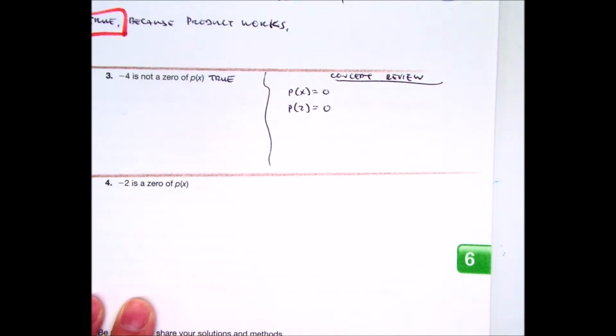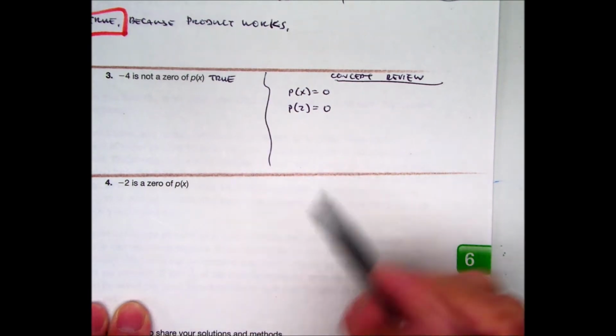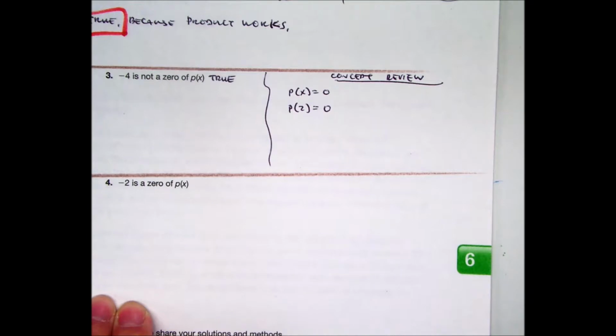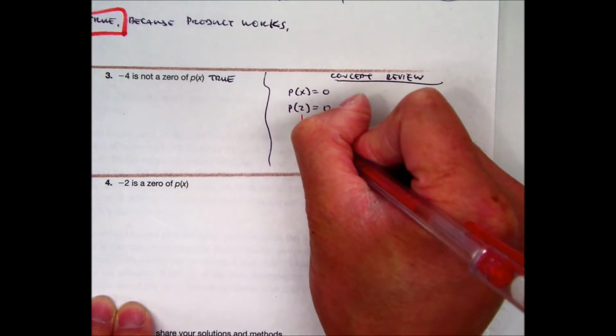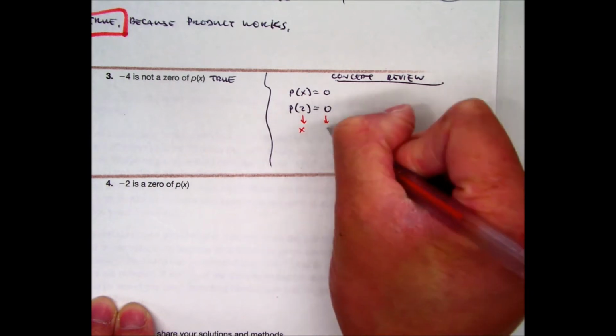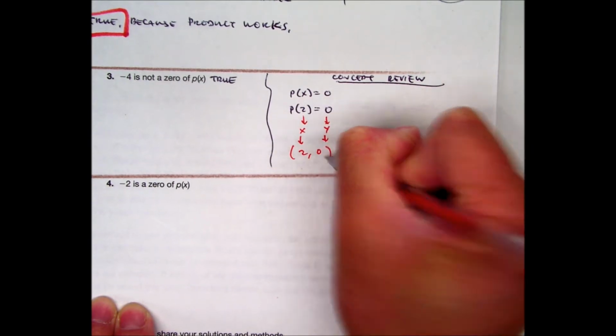Class, what's the ordered pair? Tell your partner A, tell partner B. What's the ordered pair if I give you this? Class, what's the ordered pair? 2, 0. This is an x, this is a y. This gives you 2, 0.